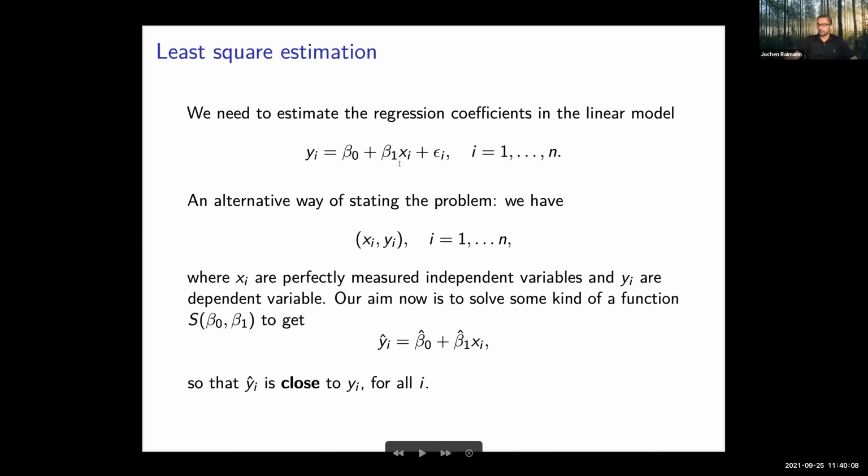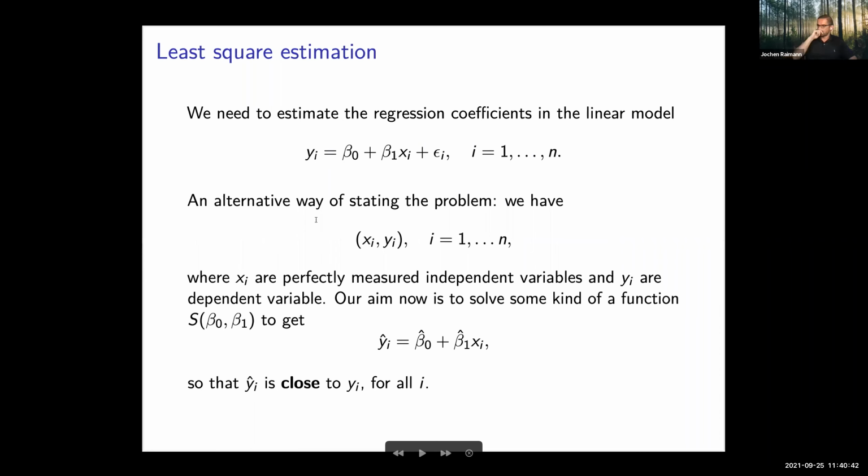We have the slope multiplied by xi, which is an actual data point, an independently, perfectly measured data point, plus a residual error ei. This is the uncaptured variability, building the residuals. And then we have yi, the dependent data point. i ranges from 1 to n, and n represents the sample size.